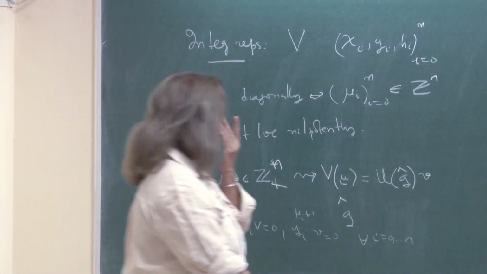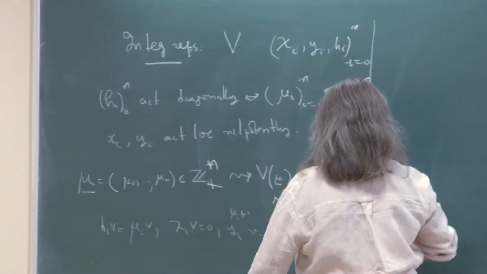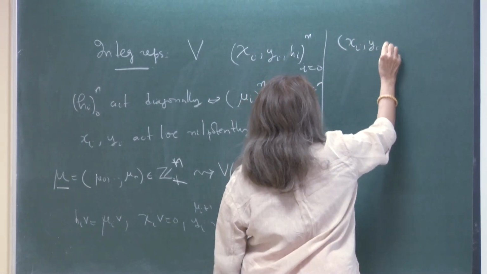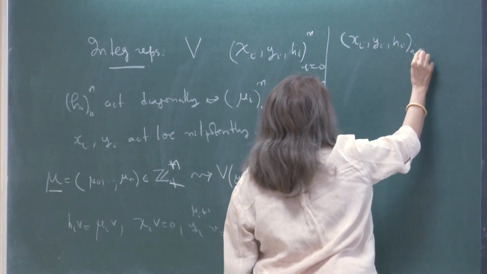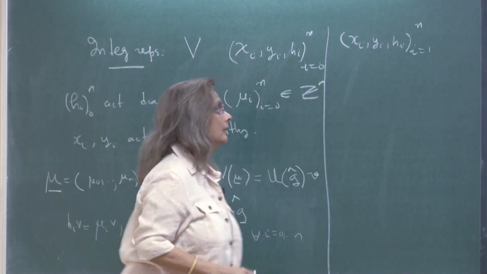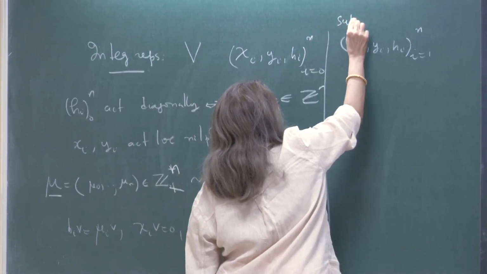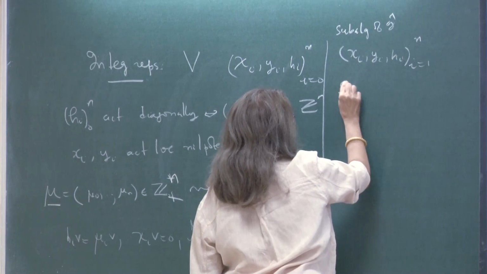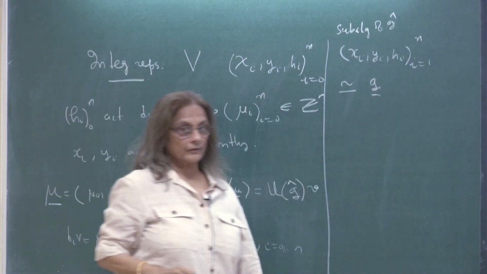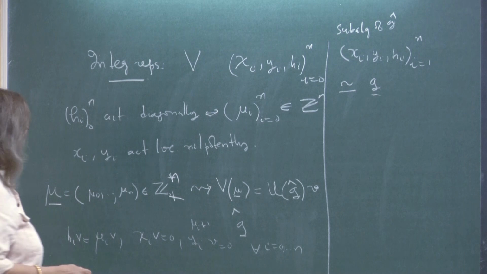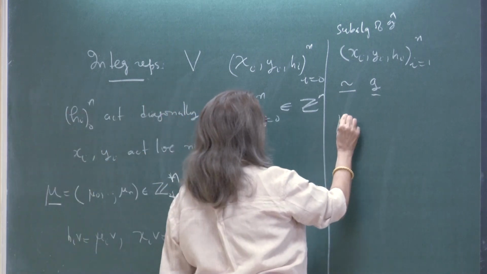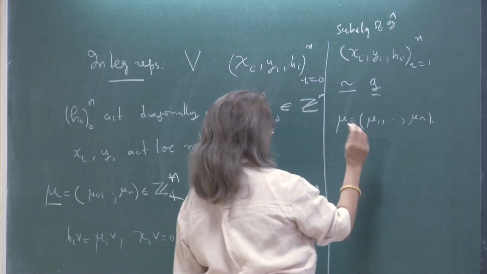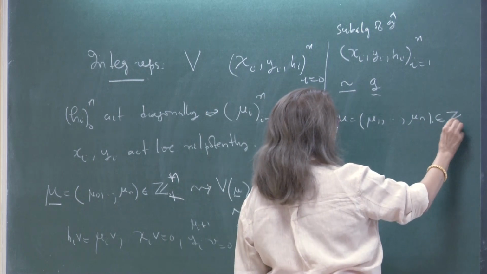Then the fact is that if you look at the subalgebra generated by x_i, y_i, h_i, with just i equal to 1 to n, so the subalgebra of g hat, this is just isomorphic to g. And what is true is that if I now write mu equal to mu_1 up to mu_n, then this is again a collection of non-negative integers.